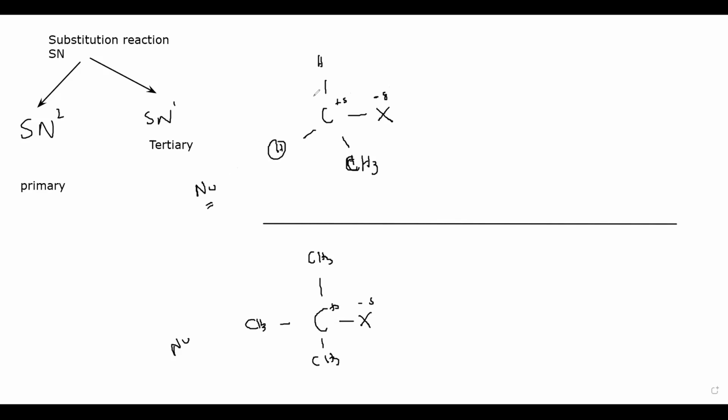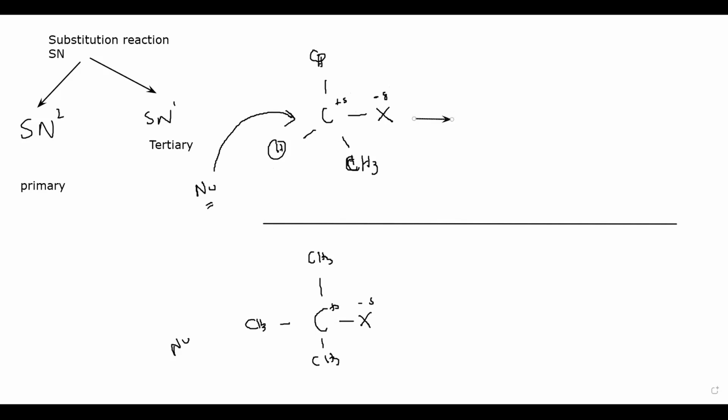Hydrogen is a small atom, so the nucleophiles are attracted towards, and can attack, this carbon which is partial positive. That's why we call them nucleophiles.